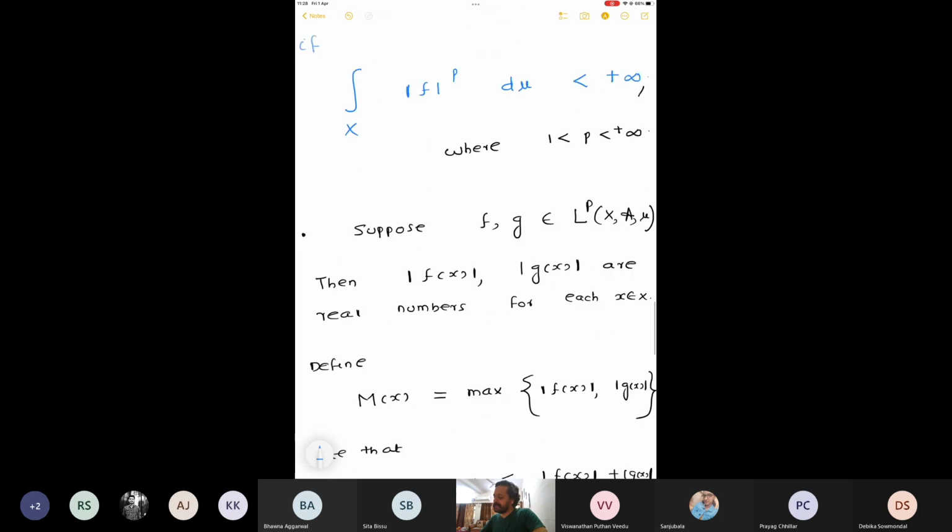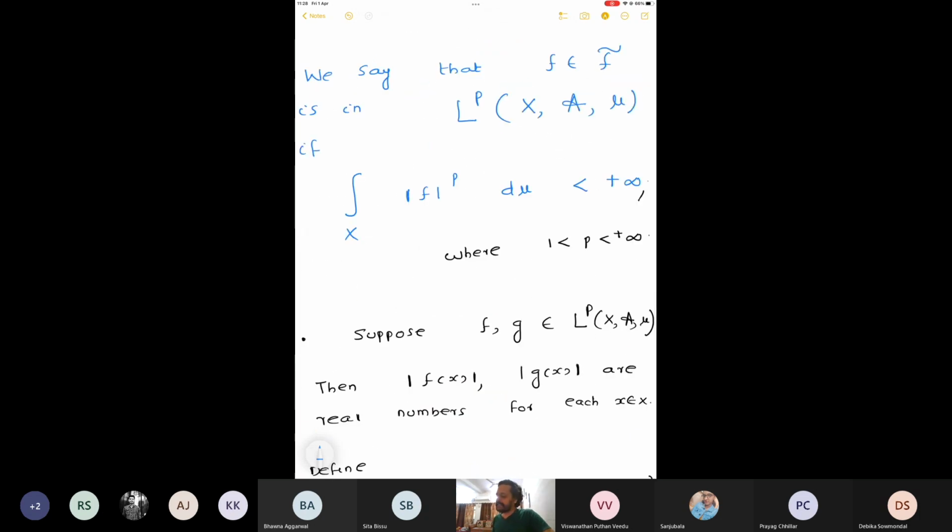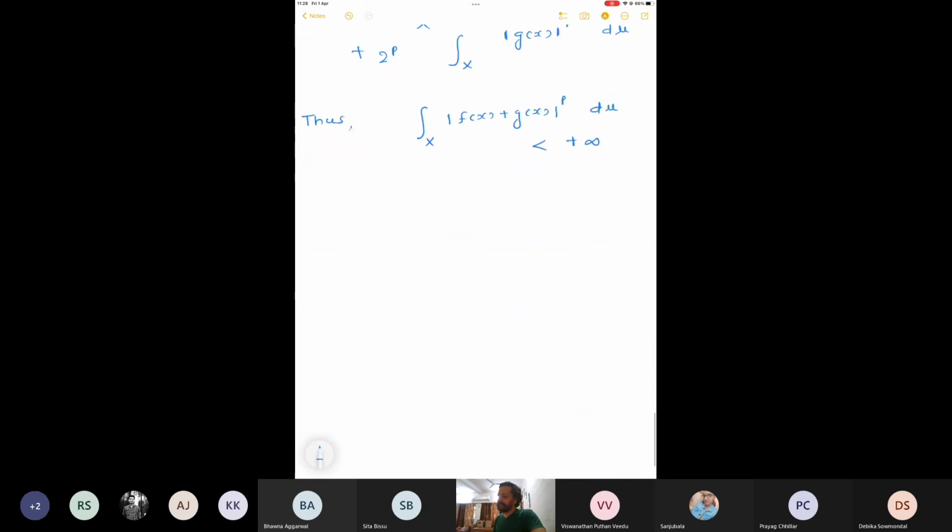For an element to be in LP, you need that the pth power integral with the modulus is finite. So now you decipher this. What's your conclusion? Can you tell me? f plus g, as a function, is in LP.